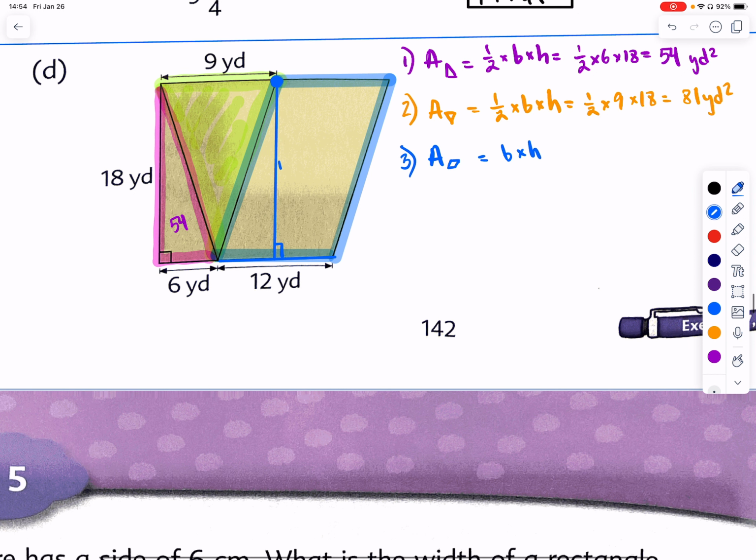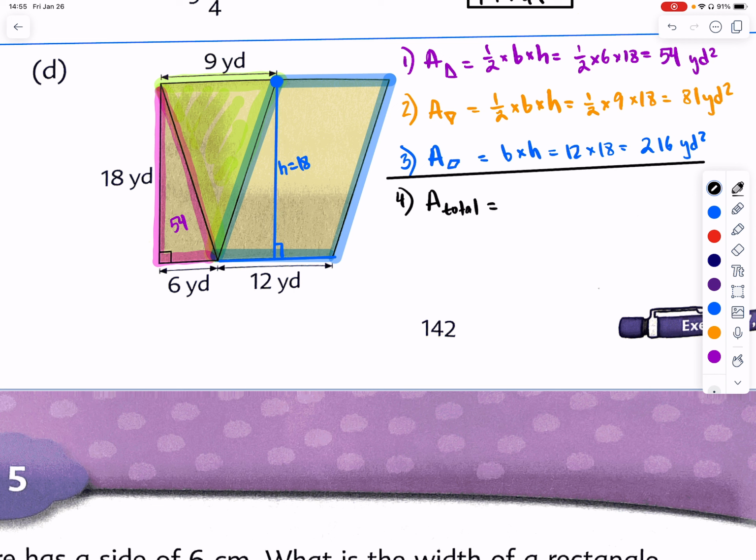Notice the height equals 18 yards. So let's substitute. We have 12 times 18. That is the biggest number you have to solve for. And 12 times 18 is 216 square yards.